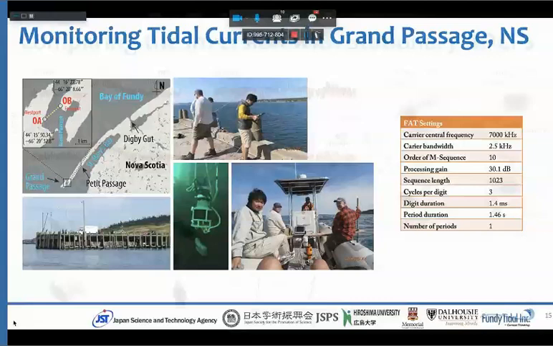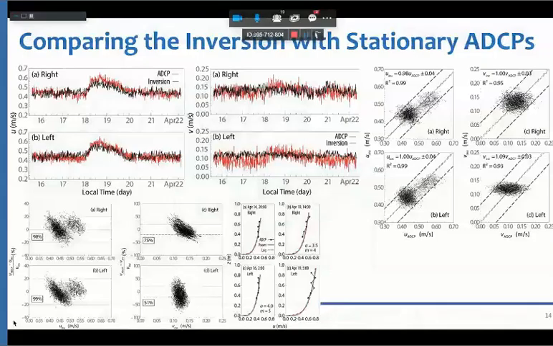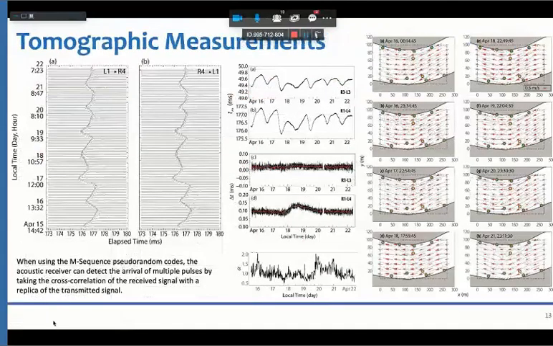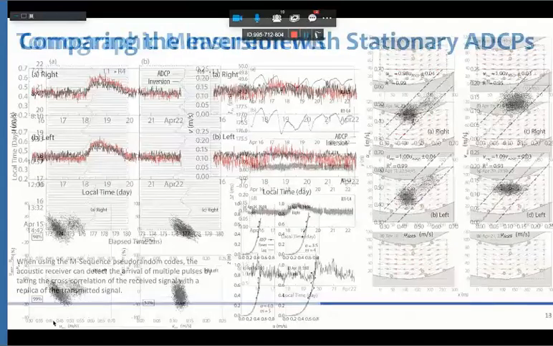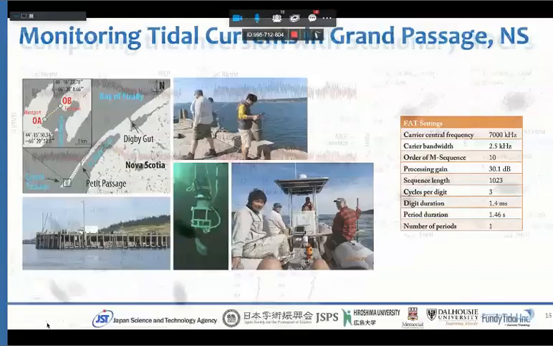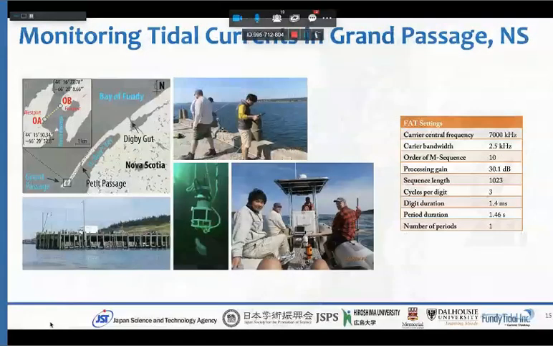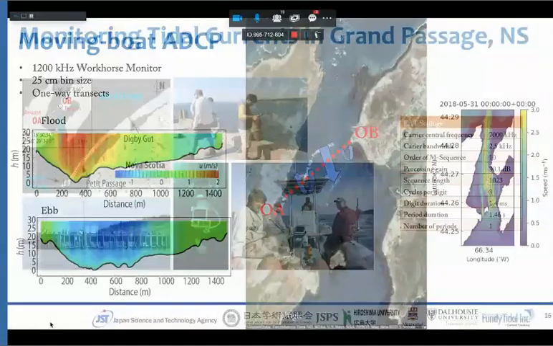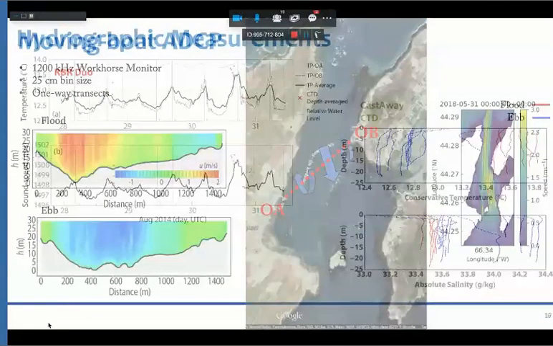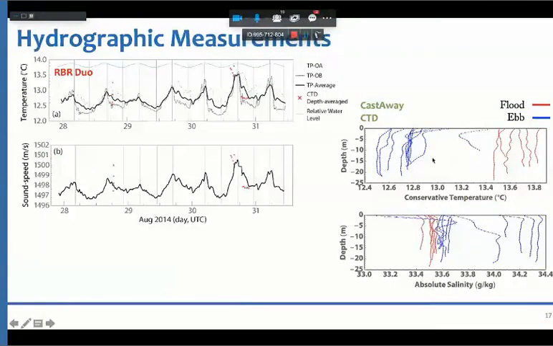We usually expect to have multiple arrivals when there is vertical structure, as I showed you on the first slide. But here the water is very well mixed. You can see that the temperature is almost straight. Look at the scale, it's about just 0.1 degree difference, or maybe less. So the water was very well mixed, and I wanted to know why we always have three arrivals.